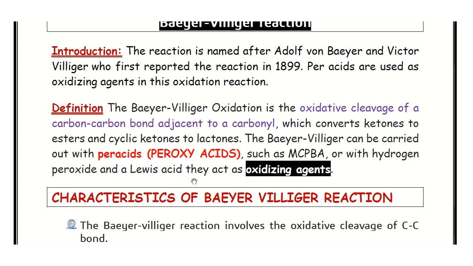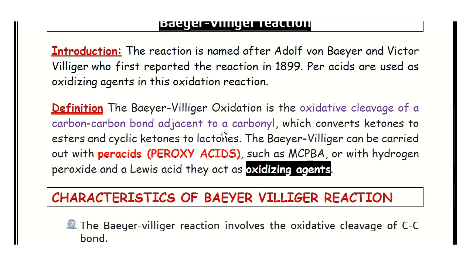So basically Baeyer-Villiger is the oxidation reaction of ketones, and by this oxidation reaction the ketones are converted into esters. Clear? And how is this oxidation occurring?